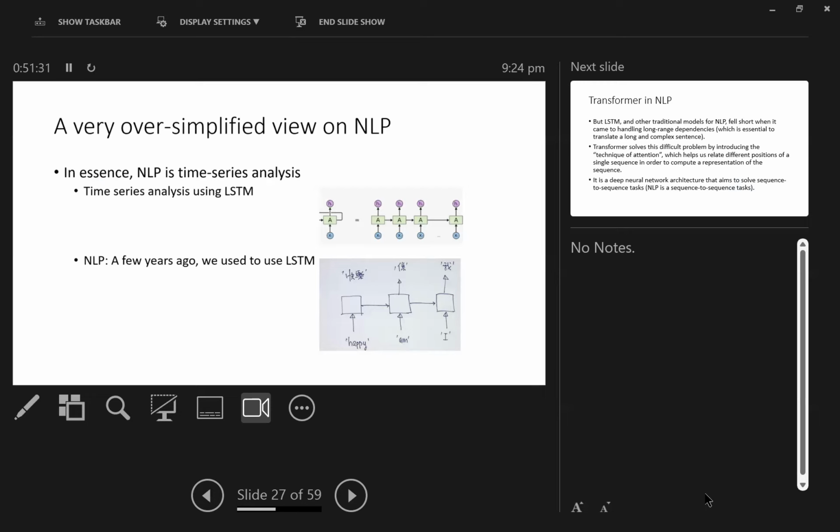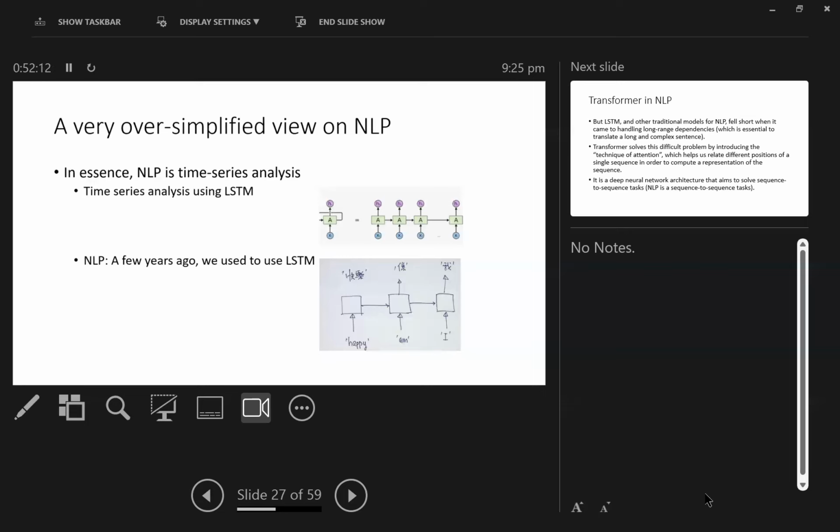before transformer, basically the LSTM are also a very powerful tool for us to understand natural language. As a matter of fact, natural language understanding can also be viewed as a problem in time series analysis, because the sequence of words in a sentence or in a paragraph will have relation.